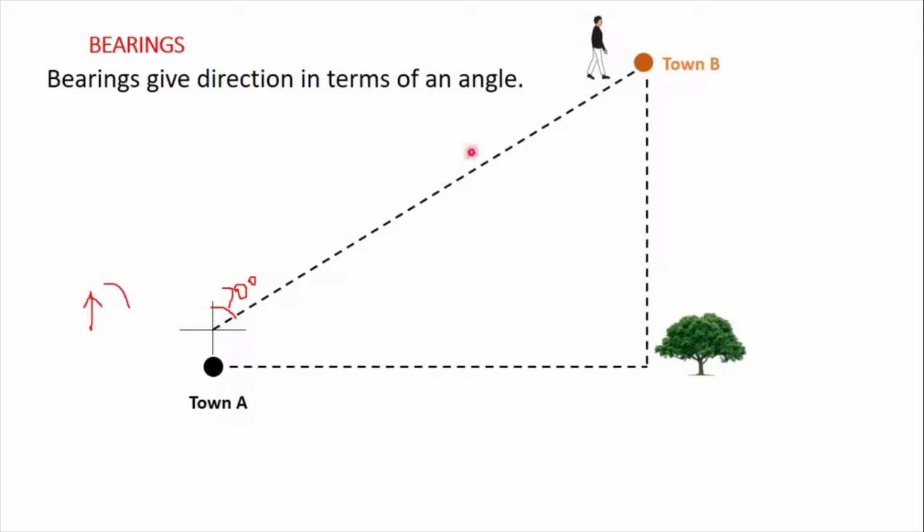Here we are giving the bearing of town B from town A, this 70 degrees. So bearings give directions in terms of angles. I hope that is clear by now.